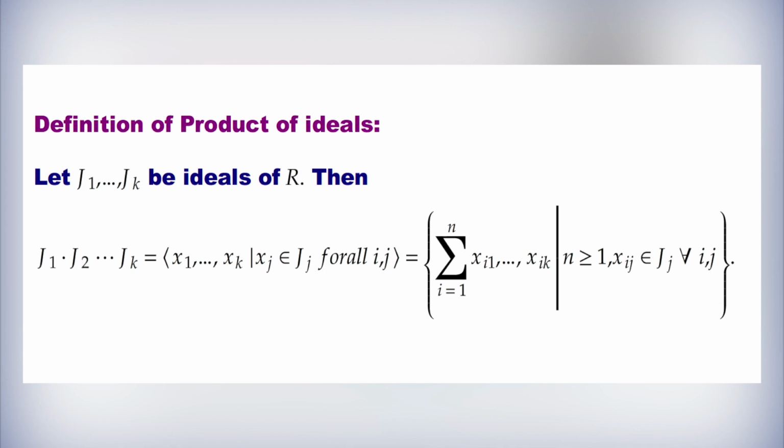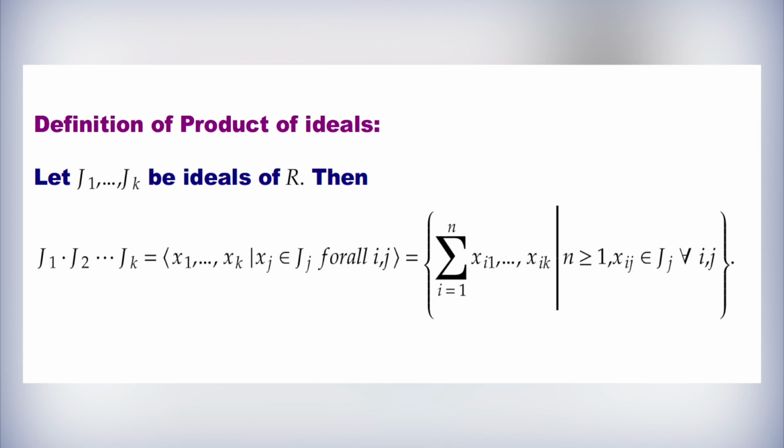Now, let us see some definitions here. First, the definition of the product of ideals. Let J1, J2, and so on up to Jk be ideals of R. Then J1 J2 ... Jk is equal to the set generated by x1 x2 ... xk such that xj belongs to Jj for all i, j.